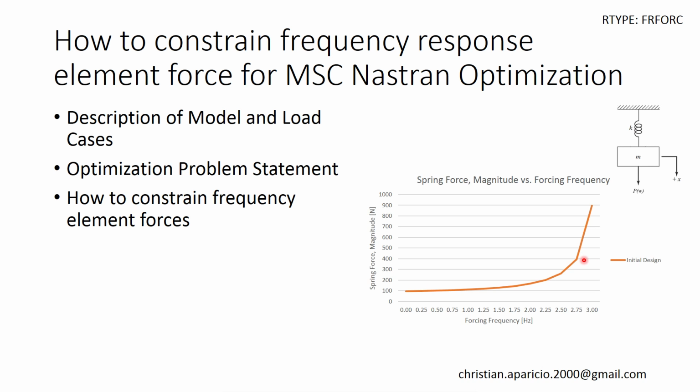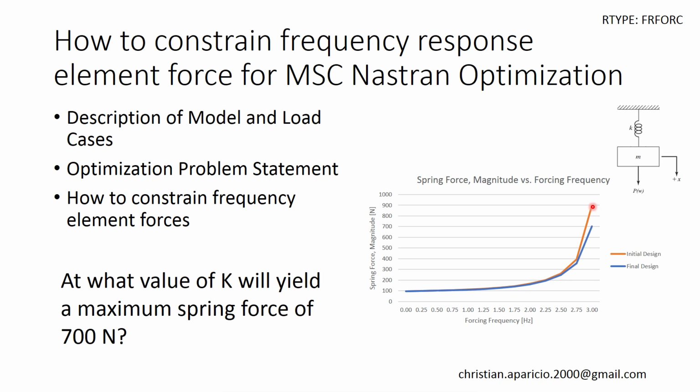So now here on the right is what our initial design's frequency response result looks like, specifically for the spring force. We can see that at a forcing frequency of 0 Hertz, we have a spring force of 100. And at a forcing frequency of 3 Hertz, we have about a spring force of 900 newtons here, as you can see me highlight.